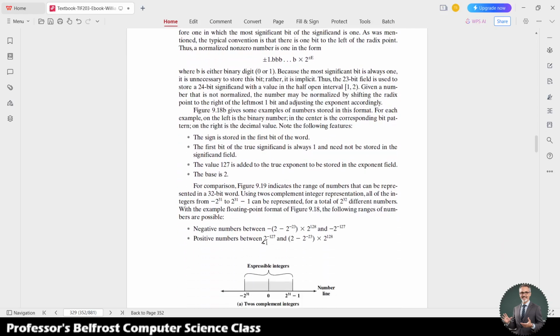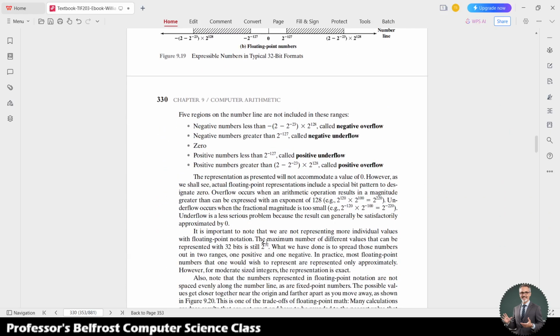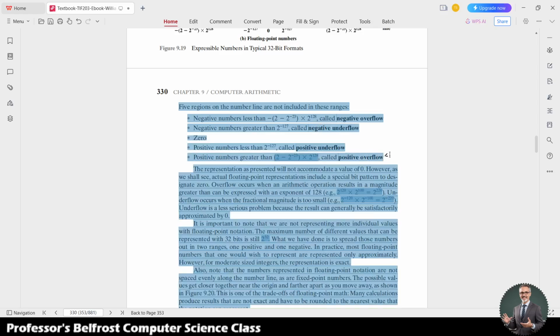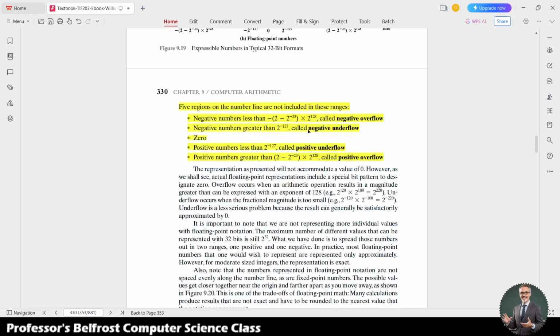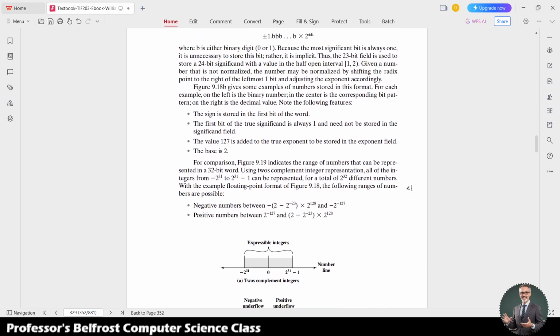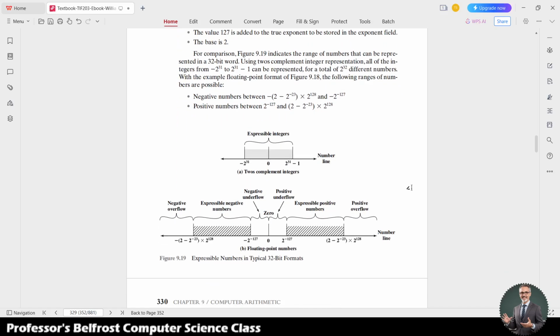Actually, this is the same thing that I've discussed before. So okay, here's the point. On the number line there are ranges that are not included: negative overflow, negative underflow, 0, positive underflow, positive overflow. So you maybe need to understand by yourself how this happens. Here's the figure.